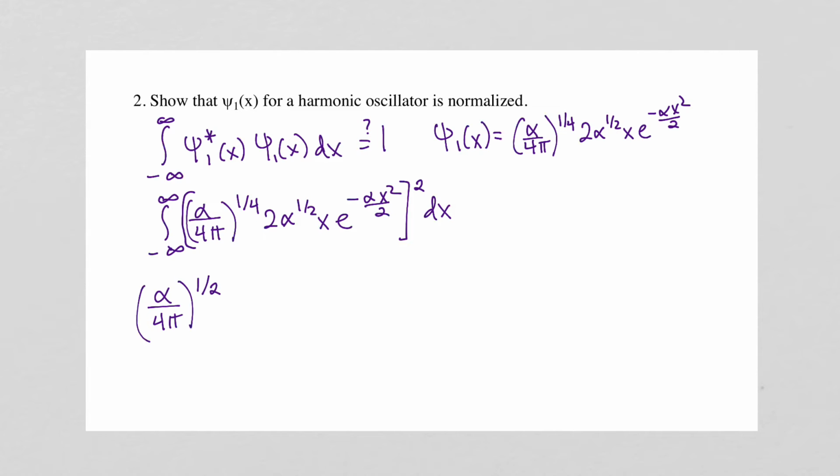Remember, we're squaring them, so that 1/4 becomes a 1/2, and our 2 alpha to the 1/2 becomes a 4 alpha. Okay, so be careful with that. And then we're left with x squared e to the minus alpha x squared dx inside of our integral. All right, so again, remember, all of this is squared, and that's how we end up with our x squared times e to the minus alpha x squared.